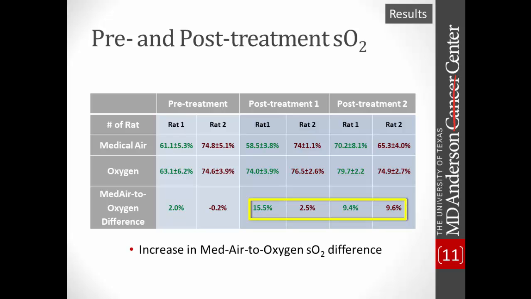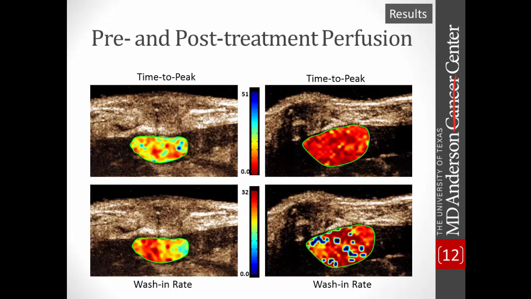So an increase in the medical air to oxygen SO2 difference, and there was no real clear correlation with absolute SO2. We were expecting that we might see a difference in absolute SO2 longitudinally. At this point, again, we have very few numbers right now. We have not seen any readily apparent correlation there.